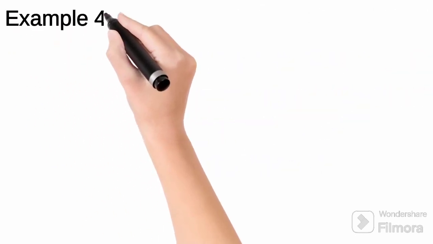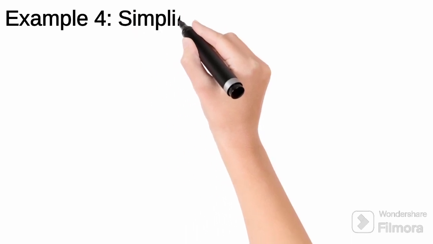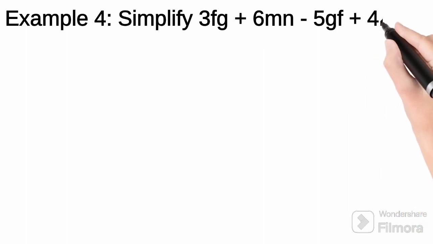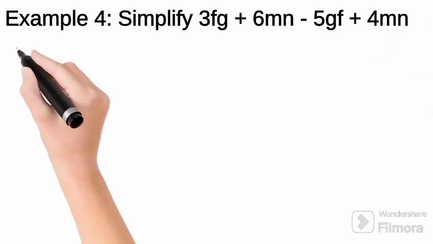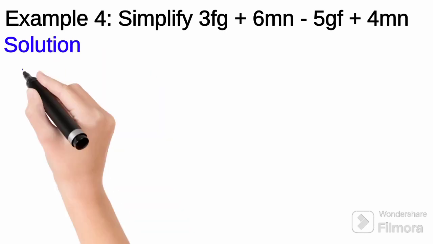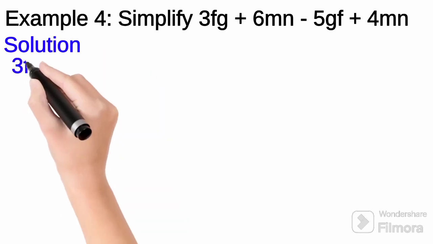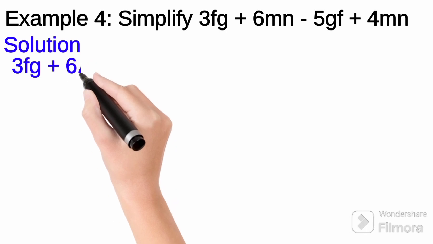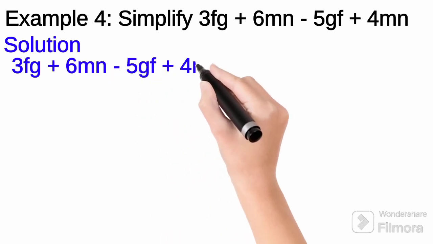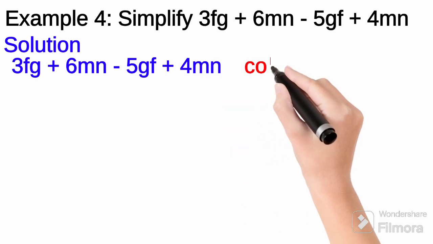Let's look at the next example. Example 4. Simplify 3fg plus 6mn minus 5gf plus 4mn. The first thing we are going to do is to write our solution. So 3fg plus 6mn minus 5gf plus 4mn.